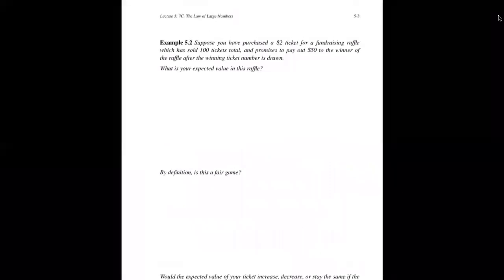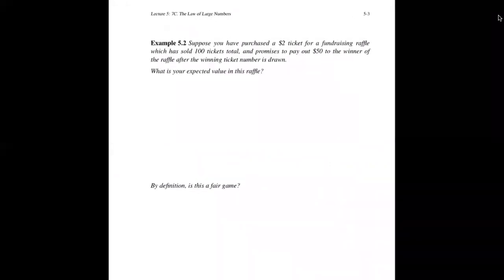This involves a raffle. So we've gone to a raffle and purchased a $2 ticket. The raffle has sold 100 tickets, and it's going to pay out $50 to the winner of the raffle. They're going to select one ticket, and that person wins $50. So what is your expected value in this raffle if you have bought one of these tickets?